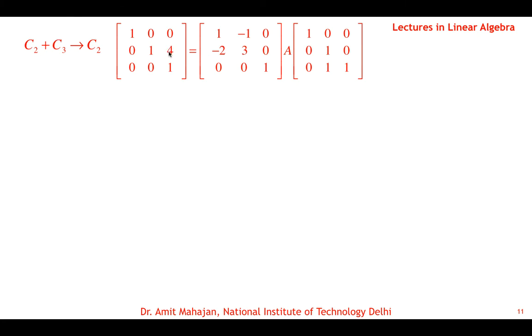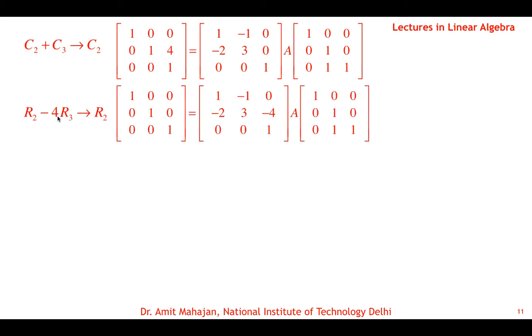Either you can use row 2 minus 4 times row 3, or you can use C3 minus 4 times C2. Here we have used row 2 minus 4 times row 3 impacting row 2.